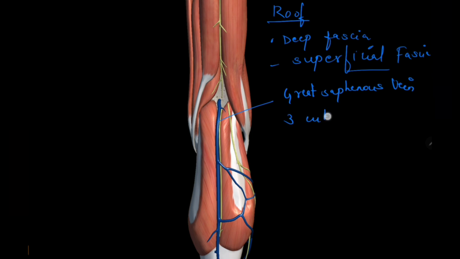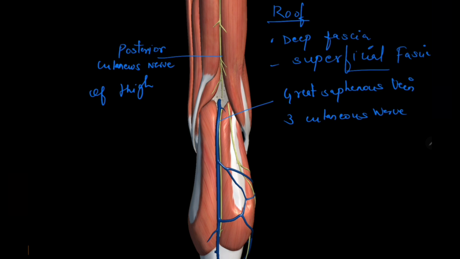Along with that we have three cutaneous nerves. Three cutaneous nerves are forming the roof. This one you can see is the posterior cutaneous nerve of thigh.